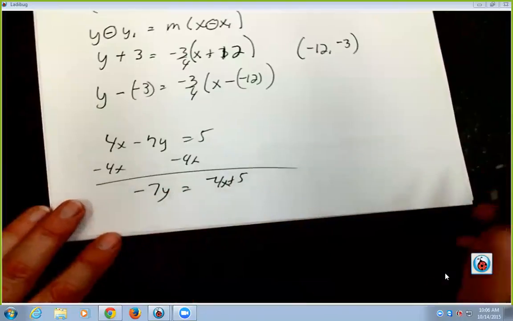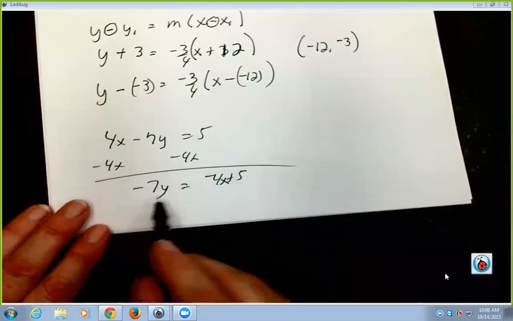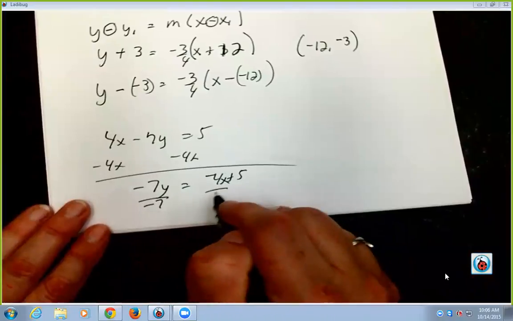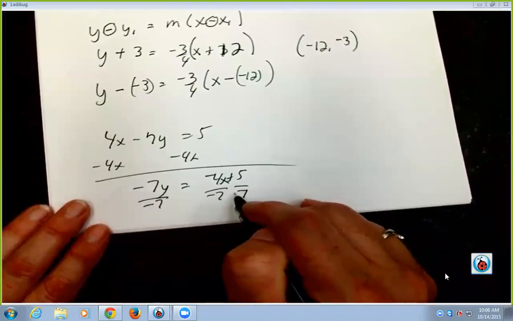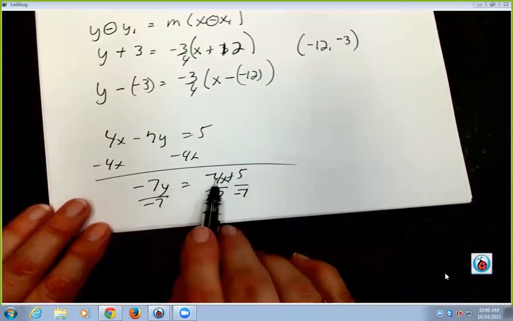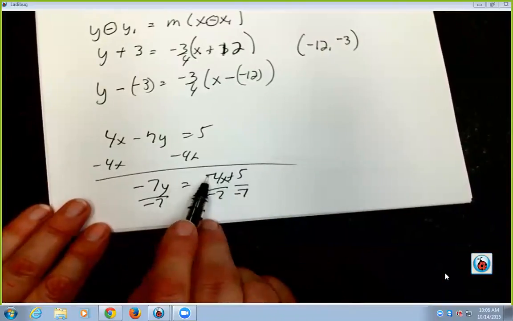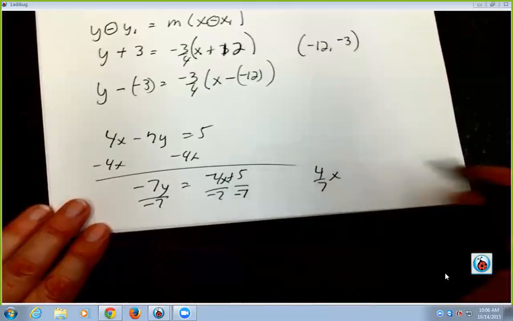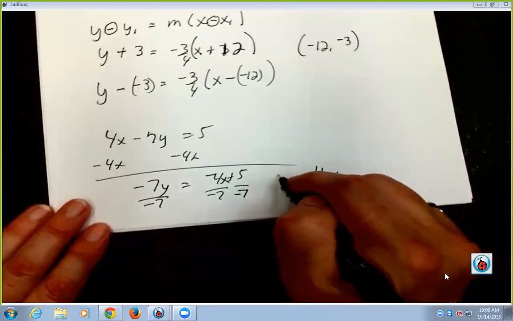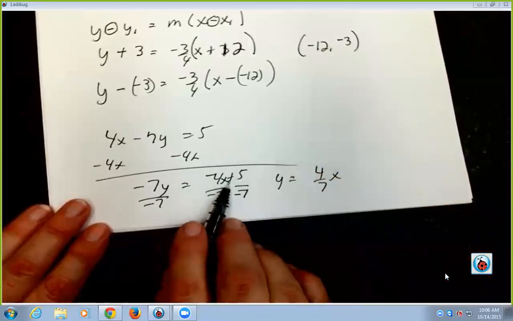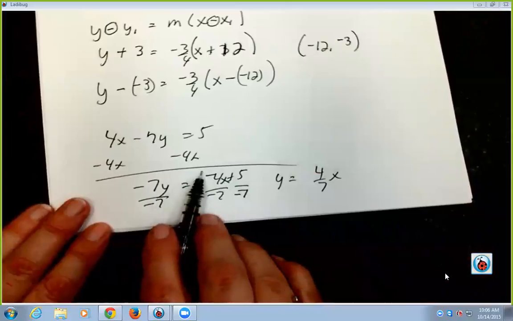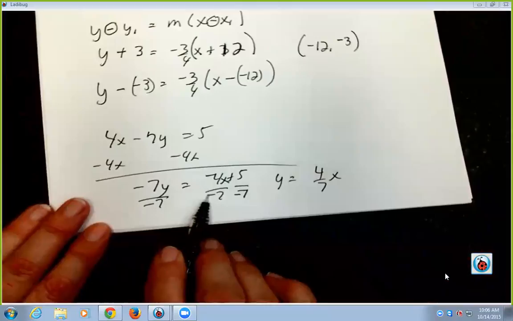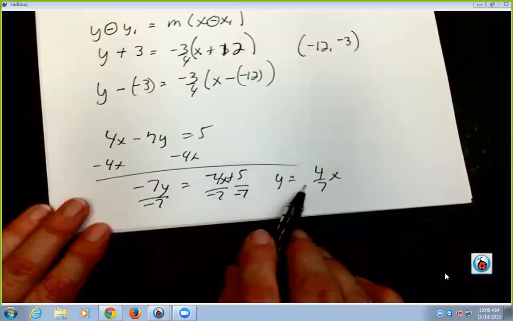So then what we need to do is, because this is a negative 7, when I divide each piece by a negative 7, I have to look at mathematically what's taking place here. I've got a negative divided by a negative, which is going to make it a positive. That's the part you've got to be careful with: a negative divided by a negative makes it a positive.